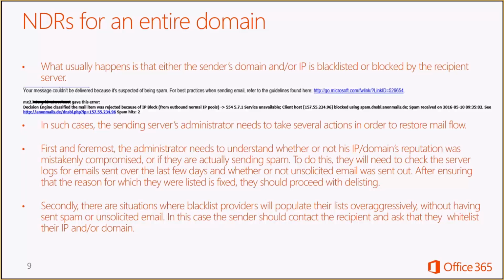And there might be a third situation, which refers to backscatterer. Backscatterers are not block lists, but rather, as the name says, backscatterer lists. They are used to protect your server against false NDRs.